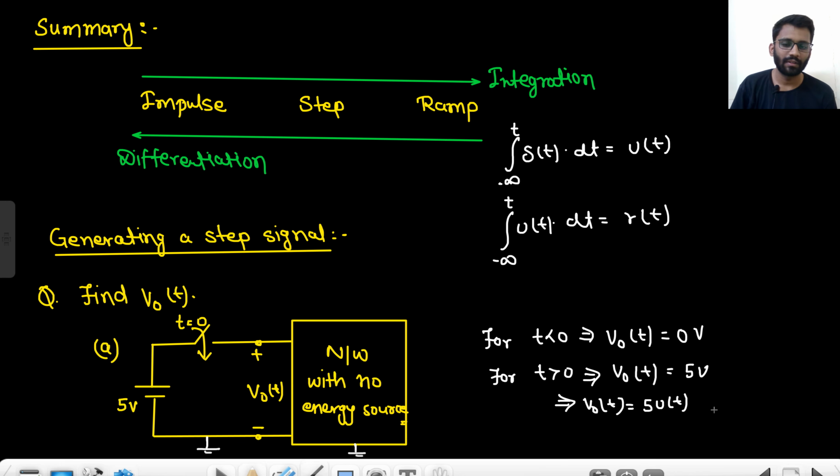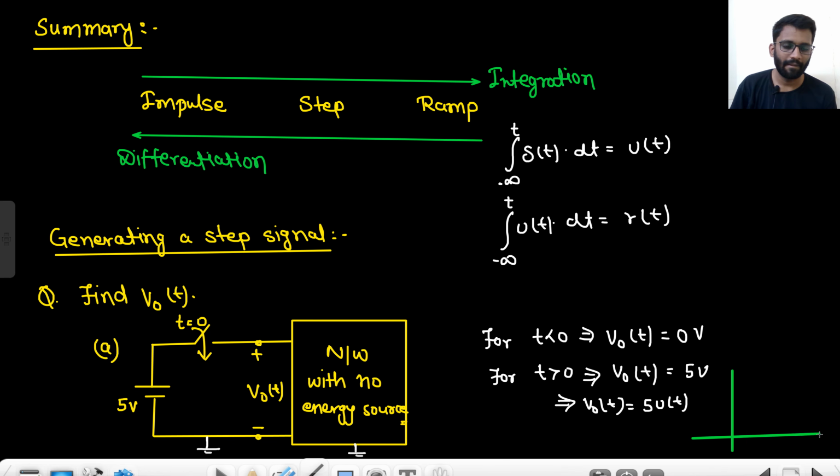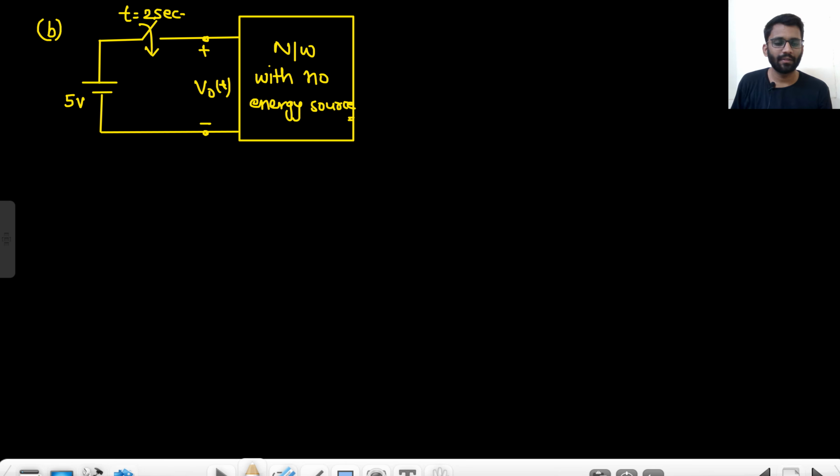This is your step signal only, right? So V0(t) is 5 u(t). From 0 to 5 u(t) goes. This is your V0(t). Okay, from 0 to 5 volt. Are you getting this point?